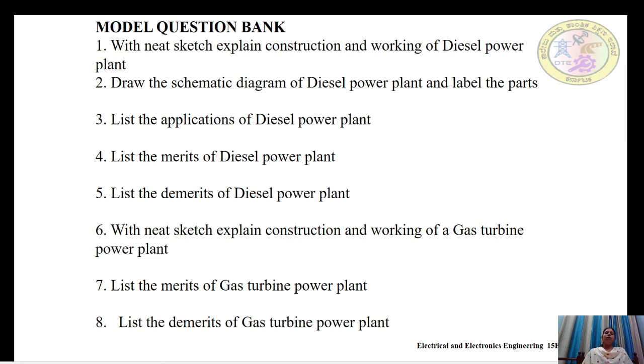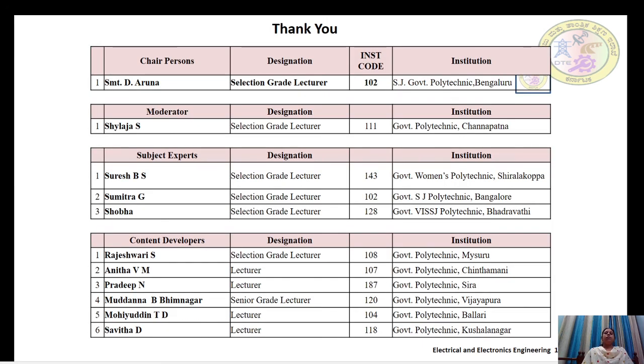List the merits of gas turbine power plant and list the demerits of gas turbine power plant. This is the model question bank for the last three sessions I have prepared. These are the possible questions they may ask in the examination. Thank you.